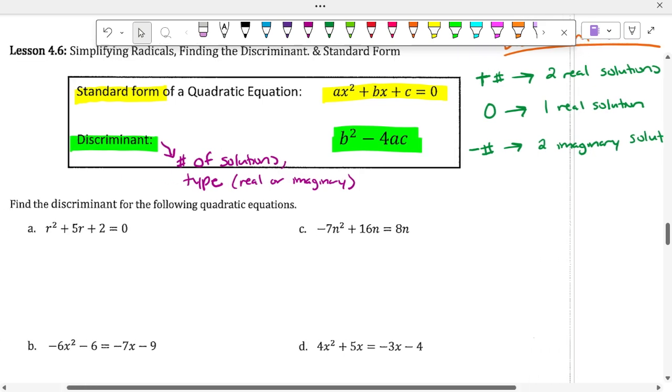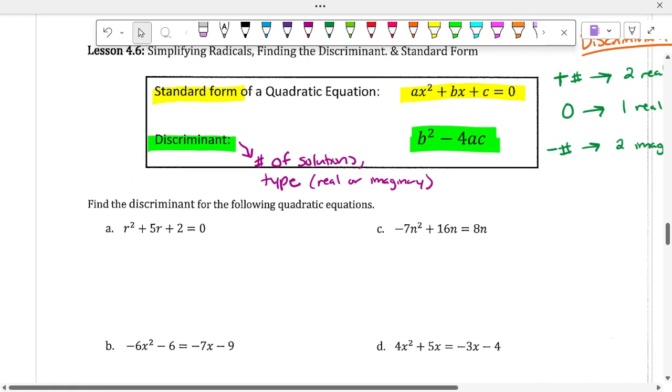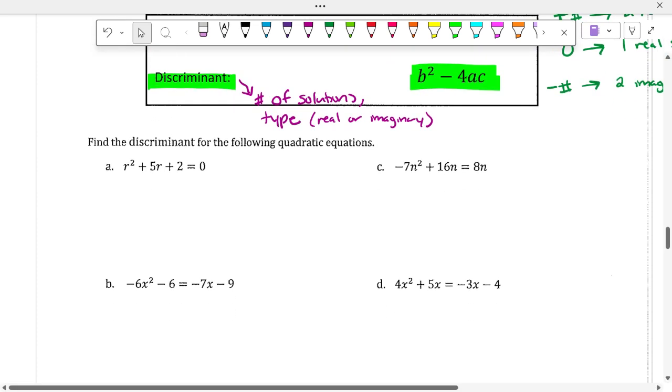All right. So just like with factoring, you want to get both sides equal to 0 before you take the discriminant.